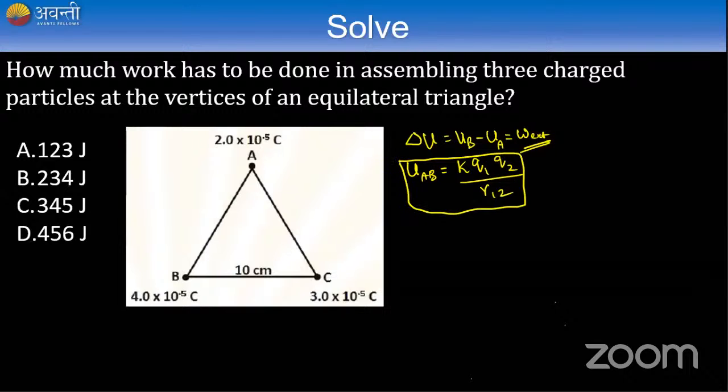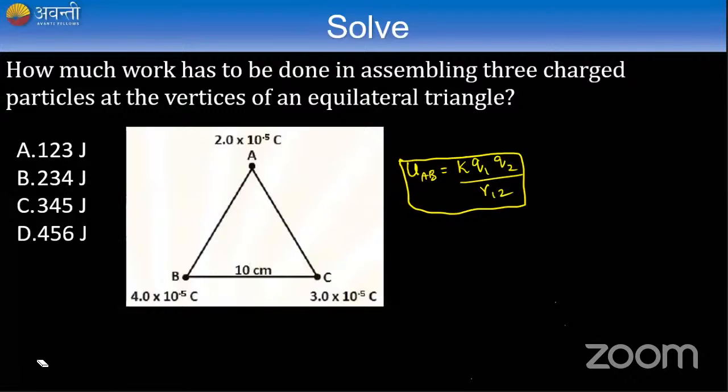If I want to find the potential energy between two charges, it is given by UAB equals K times Q1 Q2 by R12. Try to substitute the values in this formula, guys, and you'll get the answer.